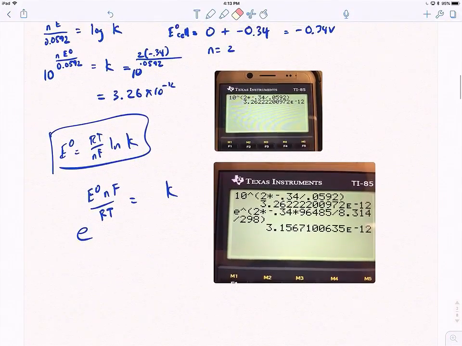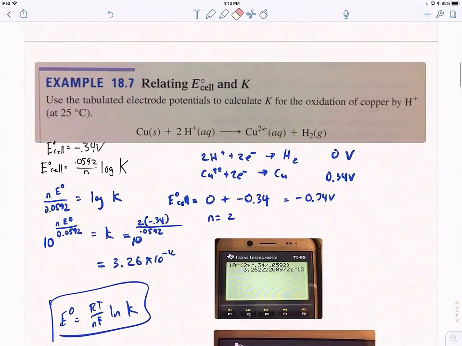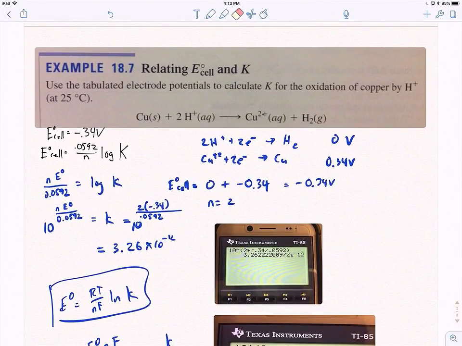Okay, so let me do a recap with this one. You have two ways to solve this problem. You can use this equation, or you can use this equation. So we have copper reacting with acid, copper ion and hydrogen gas, and we look at the cell potentials. These are the reduction potentials: hydrogen 0, copper plus 0.34 volts. Hydrogen is being reduced and copper is being oxidized, so we have to do the opposite of this, giving minus 0.34.